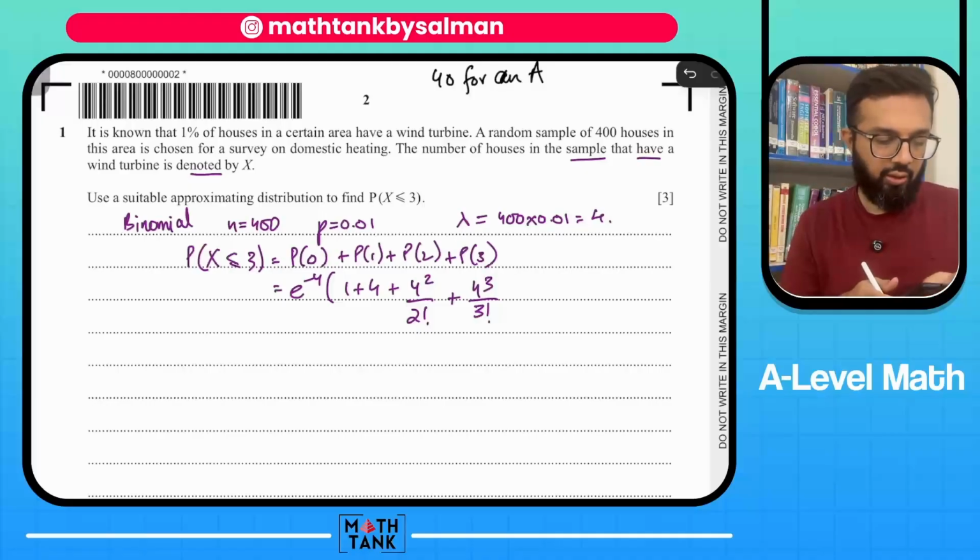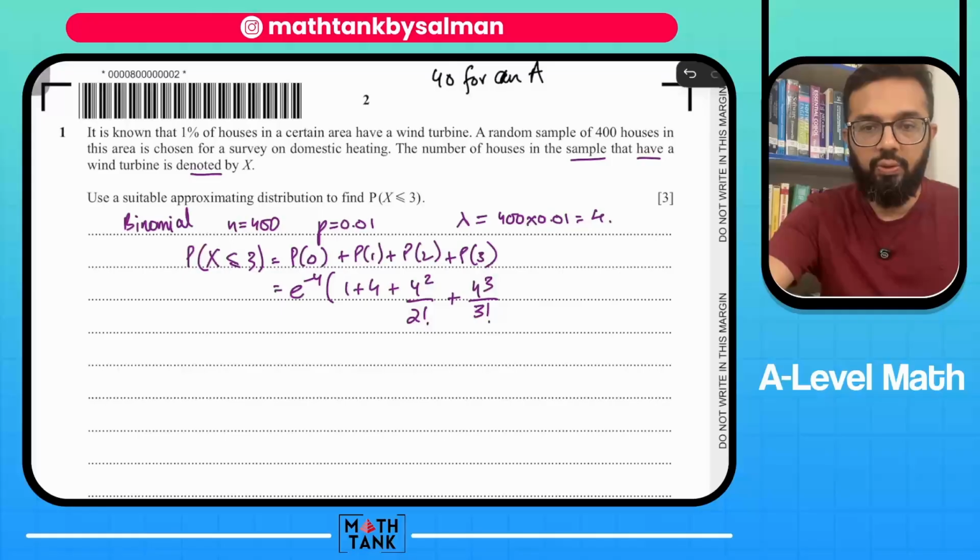Okay, let's check. I'm accumulating. So the answer that I'm getting is 0.433.